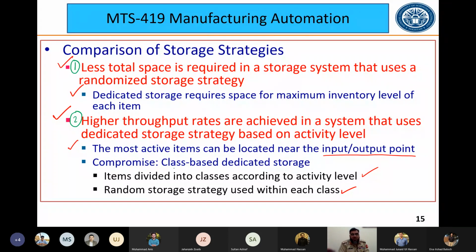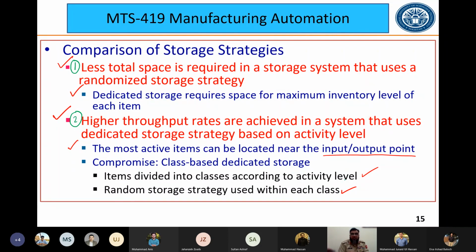Compromise क्या होगा? Class based dedicated storage है, ठीक है? So class based dedicated storage है, it will have a higher throughput rate, but it will take more space. So the items are divided into classes according to activity level.